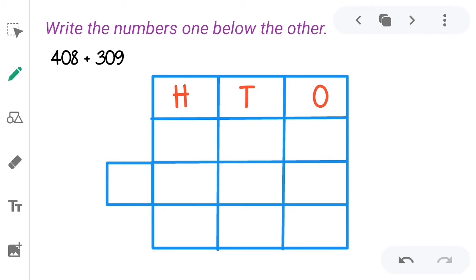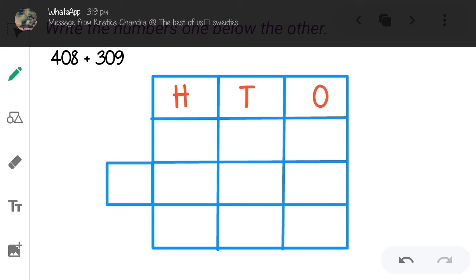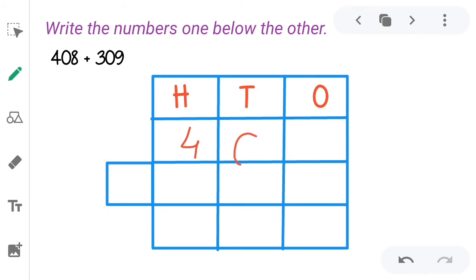So the number 408 has 4 hundreds, 0 tens and 8 ones. The second number, that is 309, it has 3 hundreds, 0 tens and 9 ones. So this is the way how we will place the numbers in the place value chart.